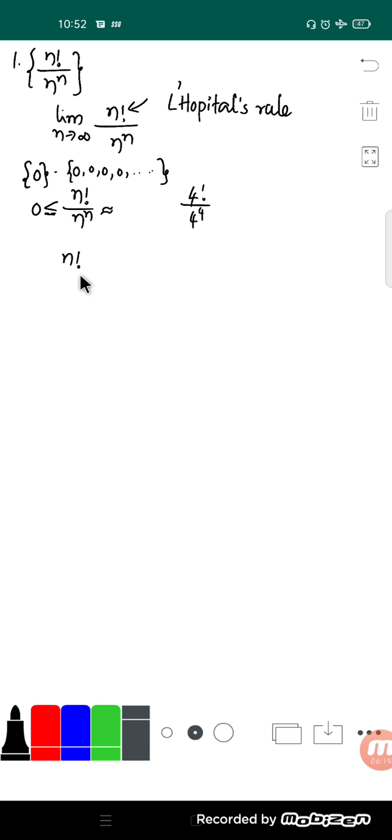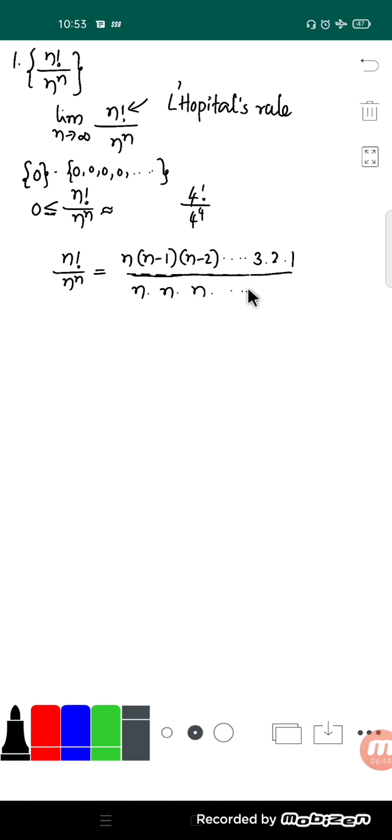Then, to find the upper limit of the sequence, if you observe this n factorial by n to the power of n, n factorial is nothing but n into n minus 1 into n minus 2, going up to 3 into 2 into 1, divided by n to the power of n, which is n into n into n, and so on.